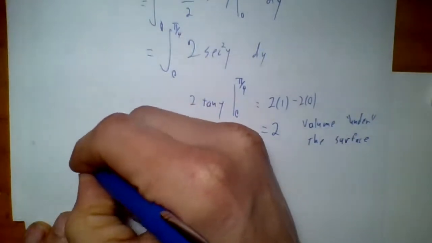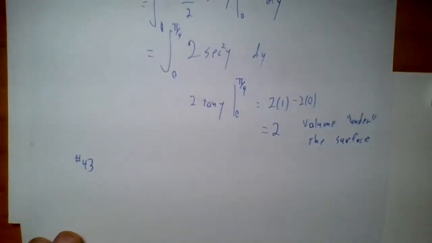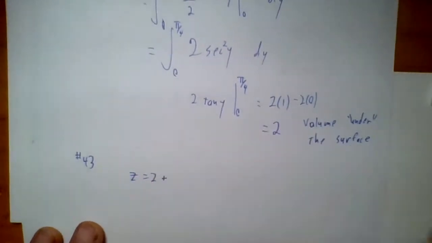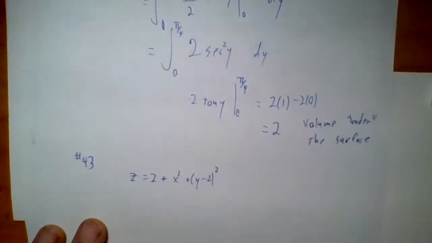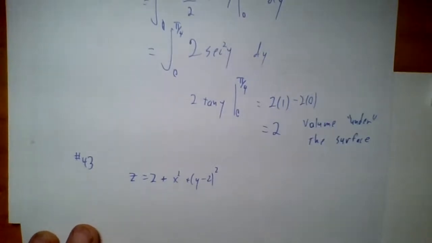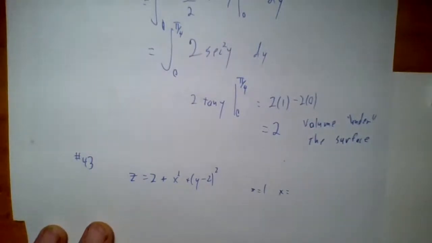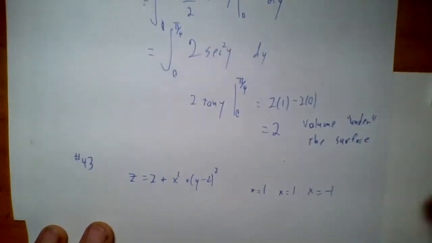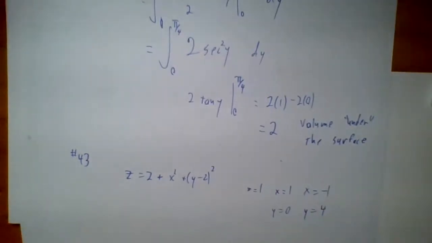Number 43 here asks for the volume of the solid enclosed by the paraboloid and the planes z equals 1, x equals 1 and negative 1, y equals 0 and y equals 4. Those are all planes, but they're the boundaries of our region.